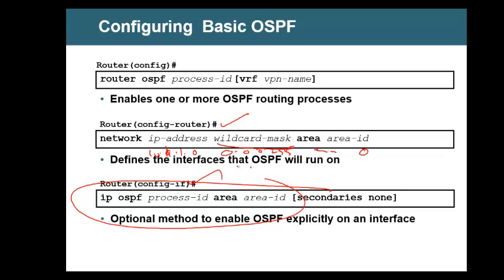What does it mean? If the first 3 octets match on any interface, that interface needs to be a part of OSPF. So you can decide any one method and you can follow.